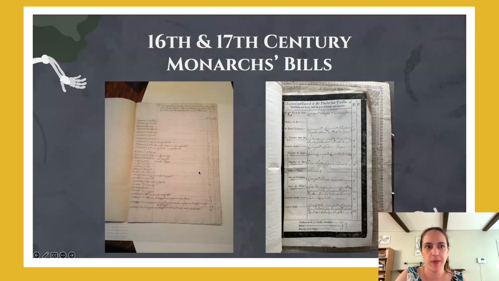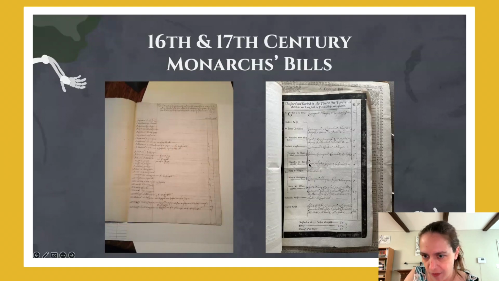This here is a bill submitted to Queen Elizabeth in 1591. Over here, we have one that was submitted to King Charles II in 1666. And in the 17th and 18th century, they evolve into this form that they handwrite and fill in the information. And for all of these, we get all the different causes of death.